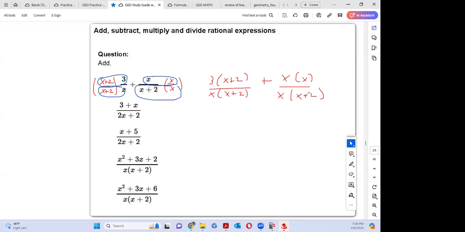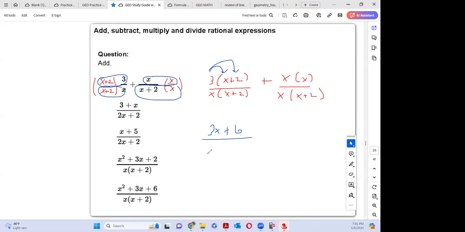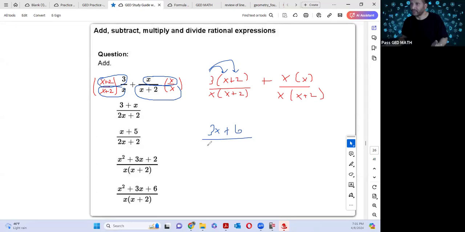So now, I got to use the distributive property. 3 times x, which is 3x. 3 times 2 is 6. I'm not going to multiply this out. I can, but I'm going to keep it the same: x times x plus 2, because I already got the same denominator. My denominator is x times x plus 2.